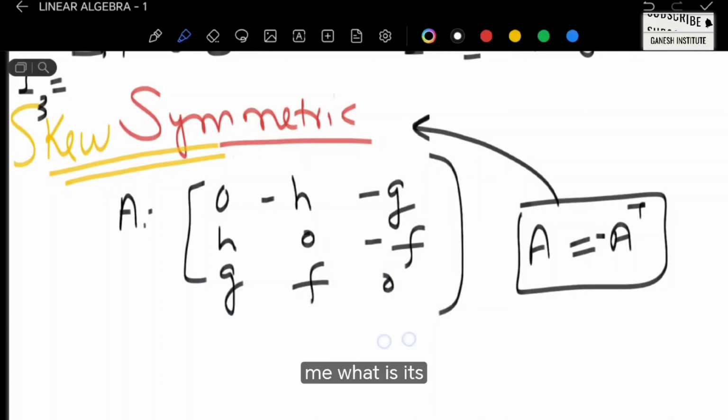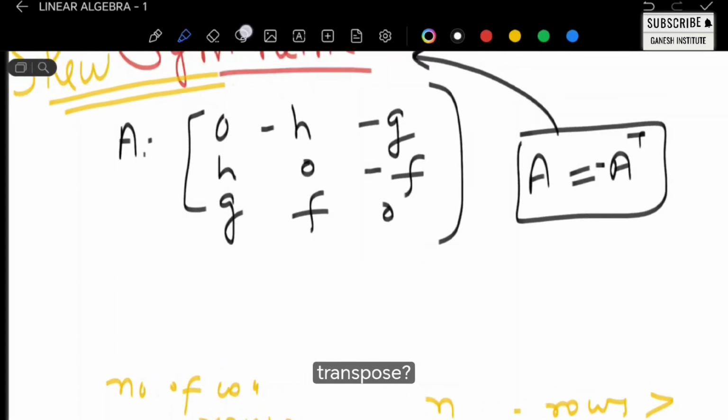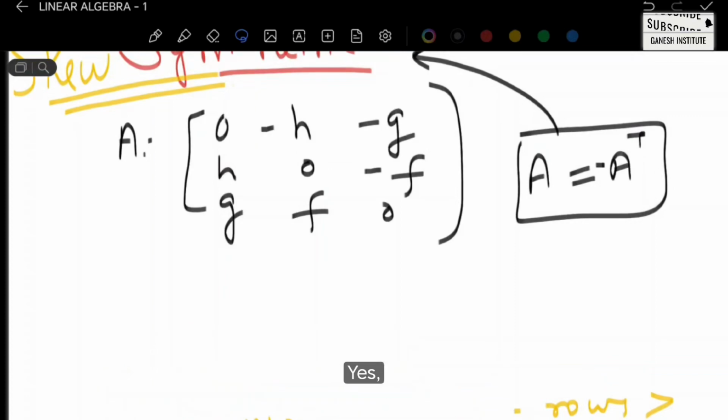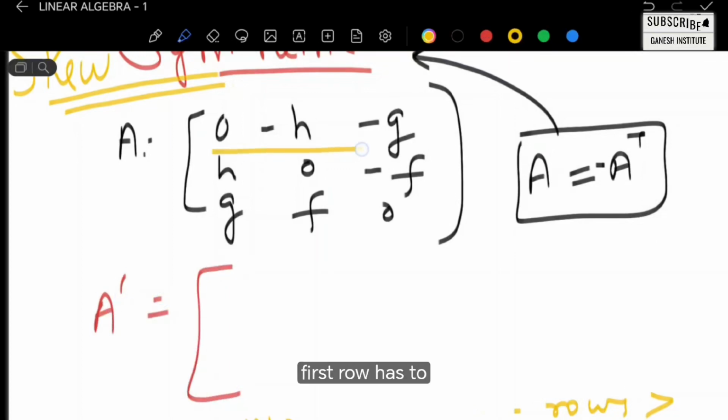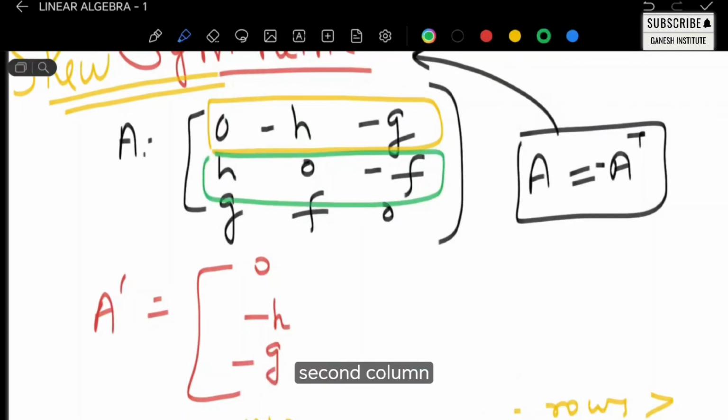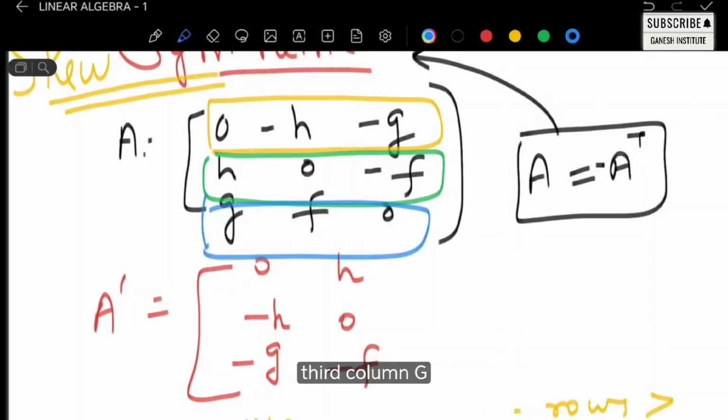Tell me, what is its transpose? Yes. So its transpose will be: first row has to be first column, 0, H, G. Second row has to be second column, -H, 0, F. Then third row has to be third column, -G, -F, 0.